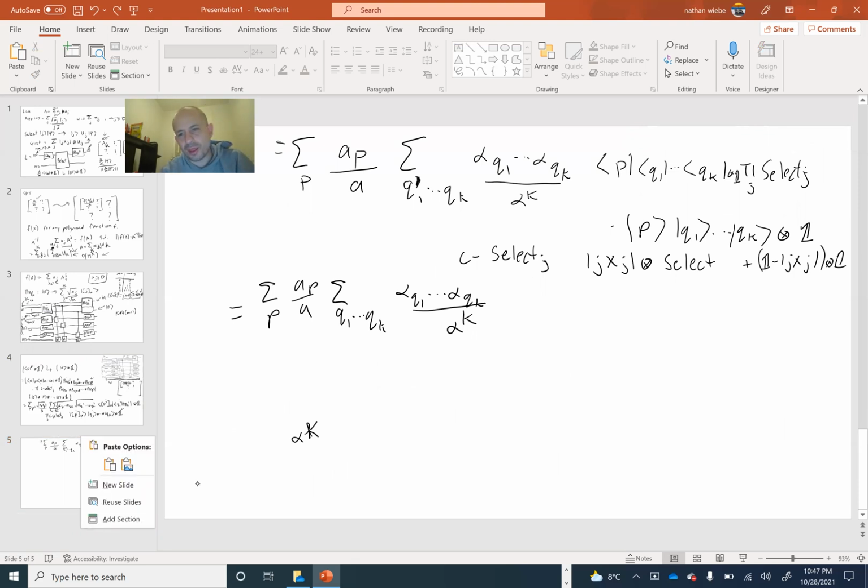I forgot to include the identity minus J tensor identity, meaning that if the input isn't J, then don't do anything.